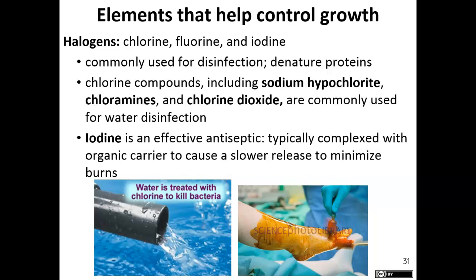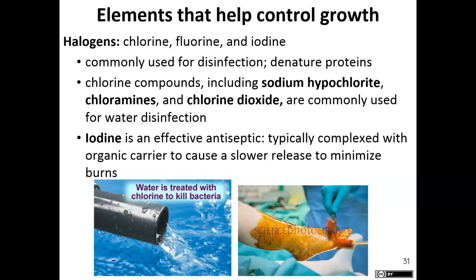Iodine has been used for a long time as an antiseptic. It is used to clean wounds and to treat skin prior to surgery. What they typically do is they complex iodine with another molecule called an organic carrier. What that does is it slows the release of iodine, because iodine in and of itself can cause burns.